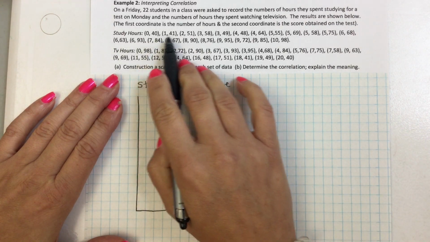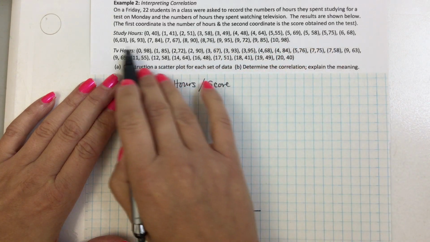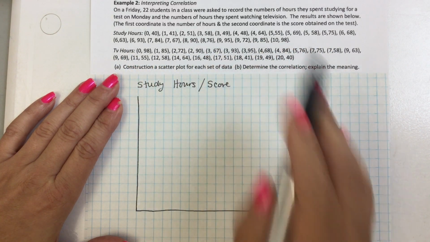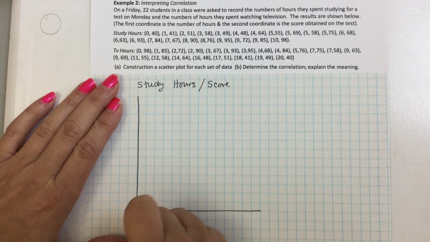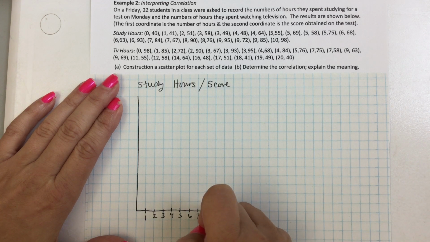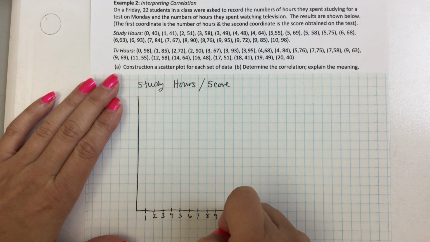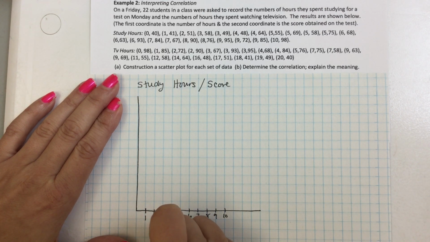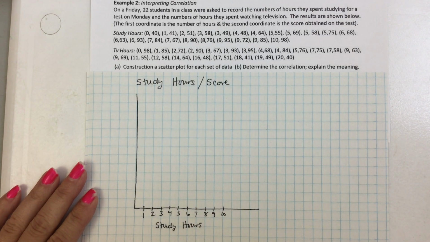So if I look at the x's, the largest value that I see is a 10. So that's the x: 1, 2, 3, 4, 5, 6, 7, 8, 9, 10. Those are study hours.